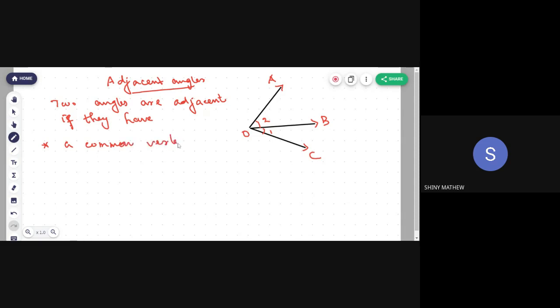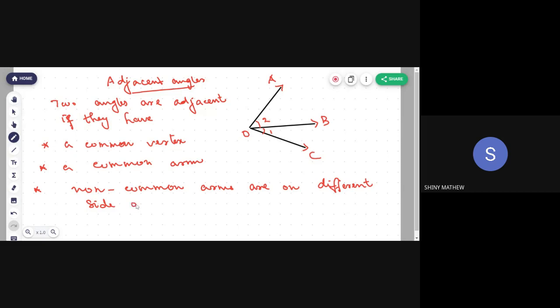They have a common vertex, a common arm, then third condition, non-common arms are on different side of common arm.